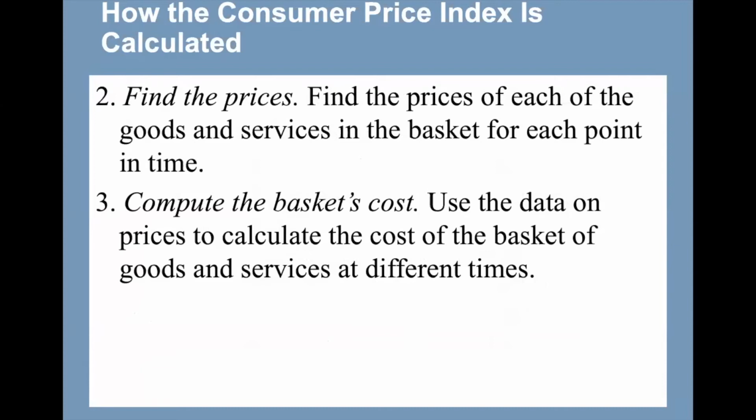When they search for the price, they try to get the price of all the goods and services in the basket. The third, they put that price and the weight into Excel probably, and then they compute the basket cost, okay? And once they get the price and quantity, they get the cost, so they can use this to compare the cost of that basket over time.